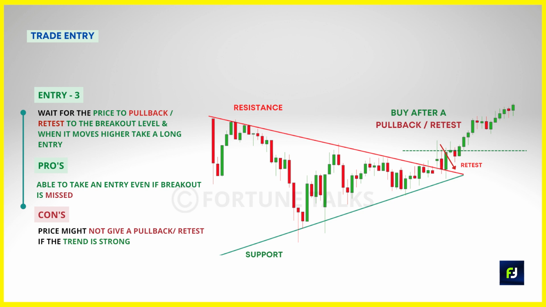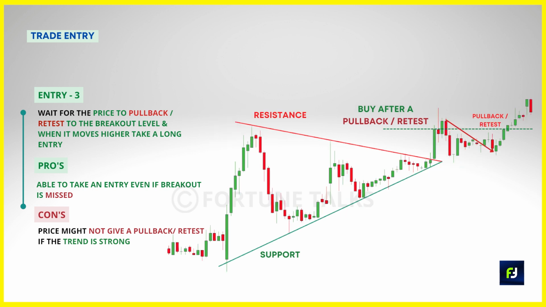In this method, we have to wait for the prices to form a primary pullback or even retest the resistance turned support level and then move in the direction of the breakout. So you can take a long position when the price begins to move higher. The retest entry offers a better price than waiting for the close of the breakout candle. Also keep in mind that pullbacks and retests are usually associated with smaller candles.